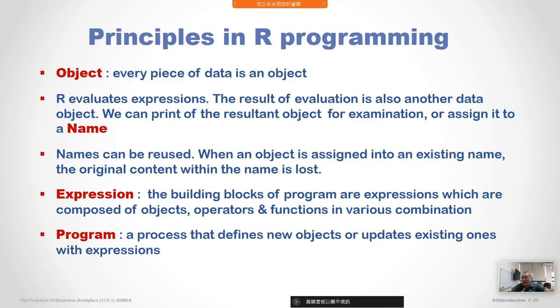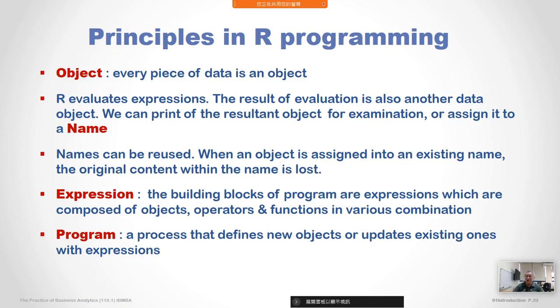So no matter how long the program is, there are only four simple principles in R programming. Okay. Everything is an object. Every object has a name. Then you can combine data object, operator, and function name into expression, right? The evaluation of the expression will become another object.